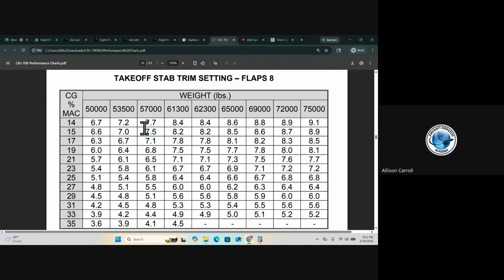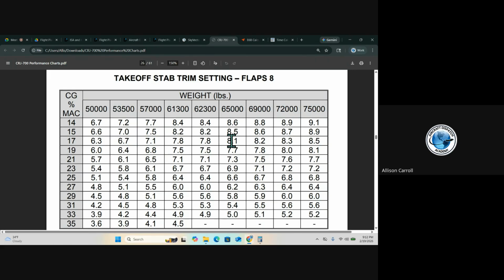Again, stay with flaps 8. Now we need our takeoff weight, right? And then on this side is our Mach percentage that we figured out with weight and balance. So remember, our takeoff weight was 64,000 and a tiny bit extra, right? So we're heavier than 62.3. We're going to go to 65.